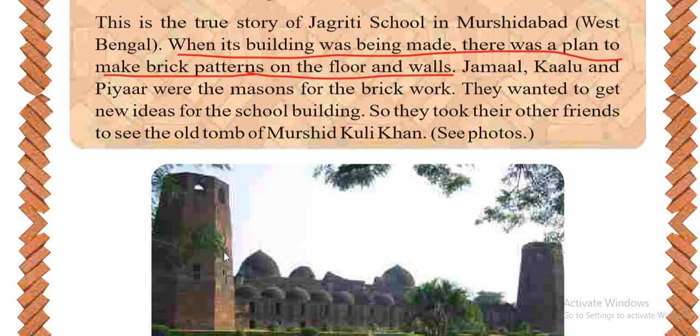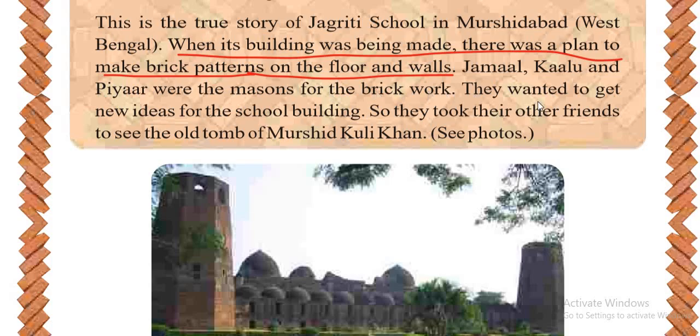Whenever we move forward in this chapter, they have pictures of different types of brick patterns and brick pictures. We will see after this paragraph. Jamal, Kalu and Pierre were the masons for the bricks work.